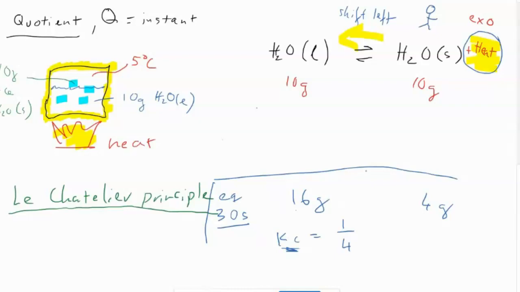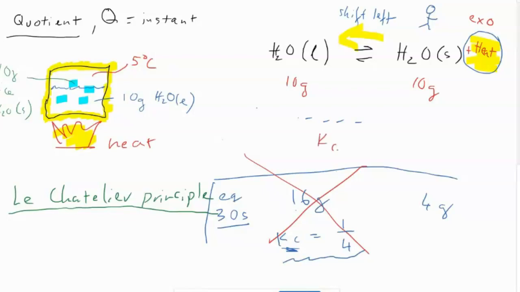So then it means that your Kc is no longer going to be 1/4. More ice is going to melt because you just added more heat. So over time, this will no longer be the case. You're going to have more ice melting, equilibrium shifting more to the left.